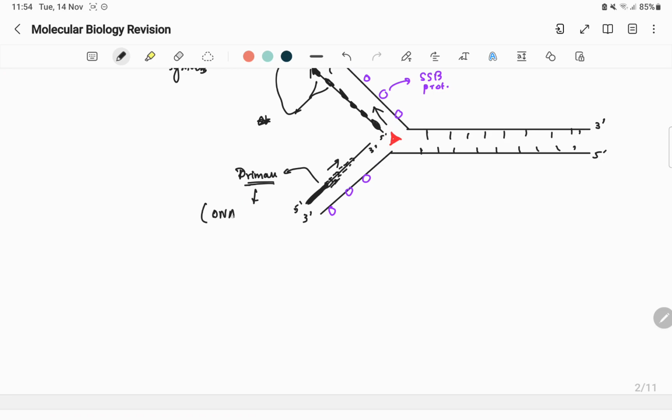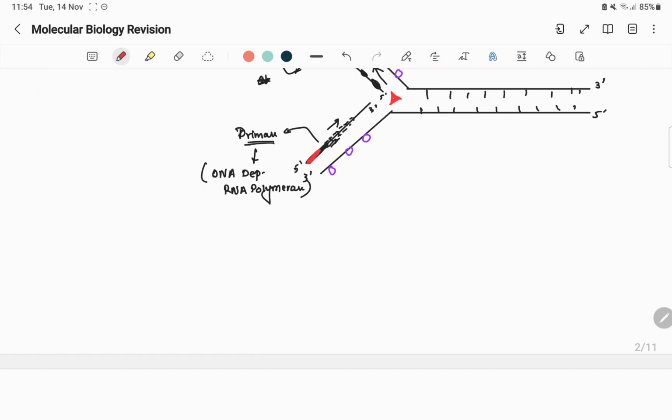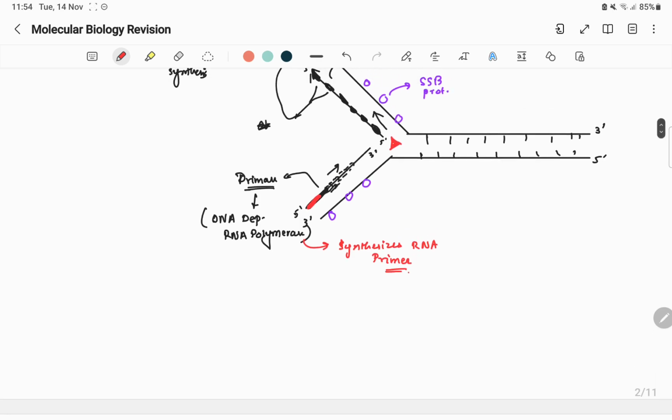Primase is a DNA dependent RNA polymerase, which synthesizes an RNA primer. This RNA primer will continue synthesizing the leading strand.